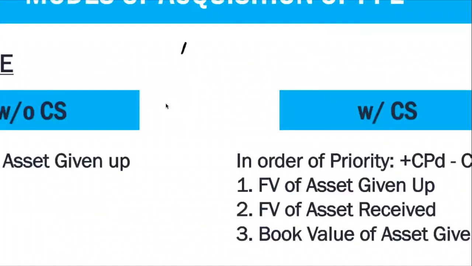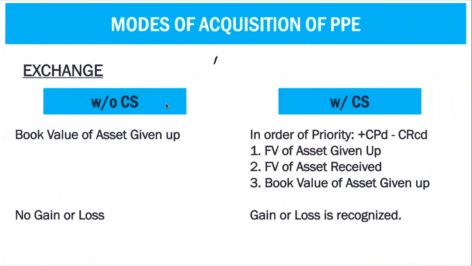So for example, here, we have A and B. A will exchange its property to B and B will exchange its property to A. Okay, so it is a reciprocal transaction.